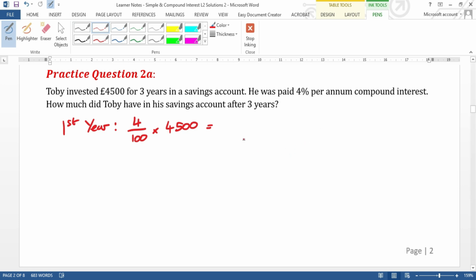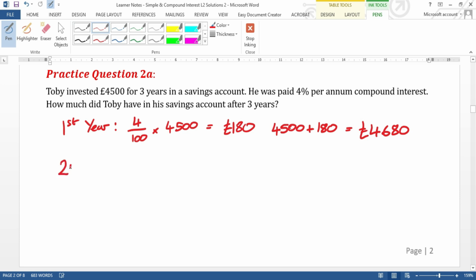That gives me £180. So at the end of year 1, let's work that out on the side here. 4,500 plus 180, which is 4,680.